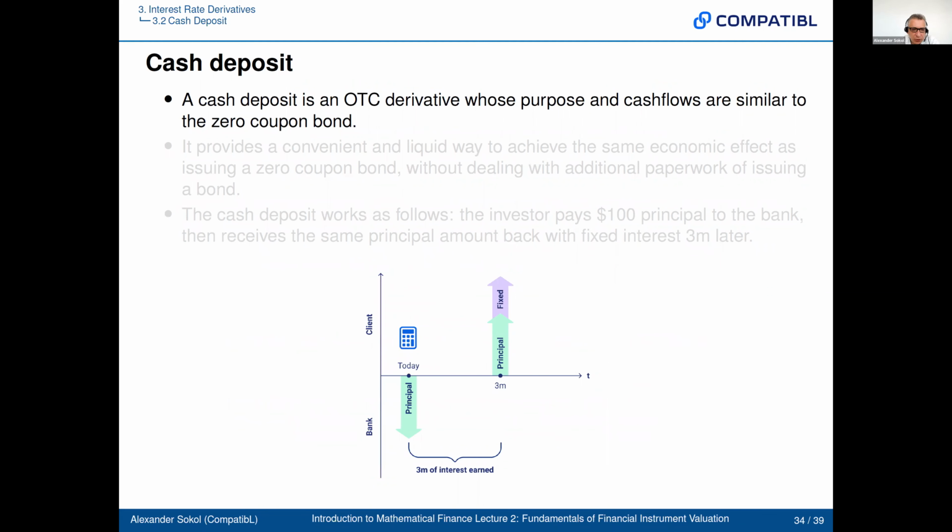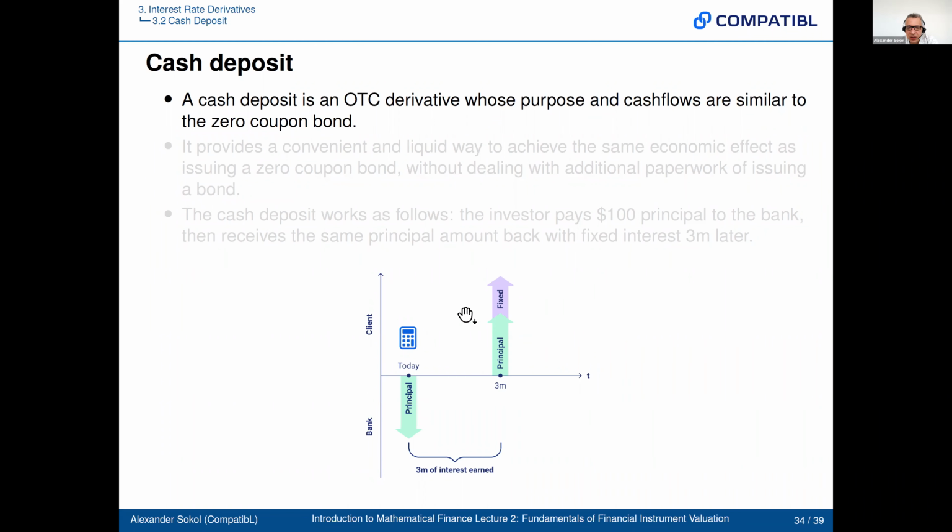Now, the cash deposit is an OTC derivative whose purpose and cash flows are similar to a zero coupon bond. The way it works is that in the beginning you calculate, so there's a calculator icon here to indicate that's when calculation is happening, what the interest rates are, what the prices of zero coupon bonds are, and then you agree that one party pays the other the principal, and after 3 months this party pays the principal and fixed interest.